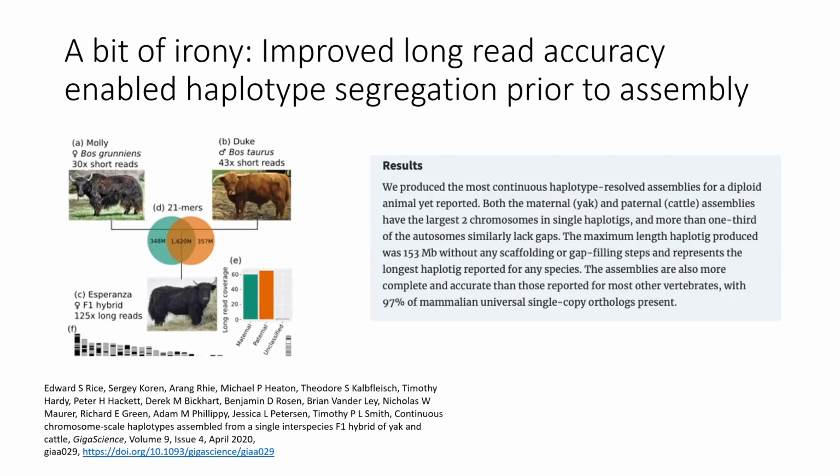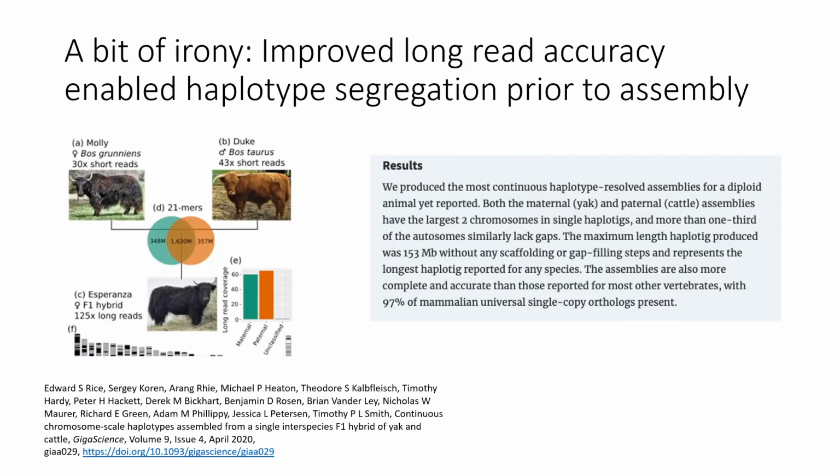So you can take the yak chromosomes and put them in one bin, and you can take the Highland bull reads and put them into another, and you will then have two bins of haplotype resolved reads.